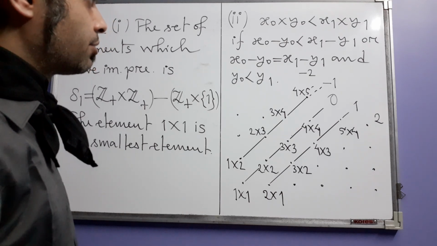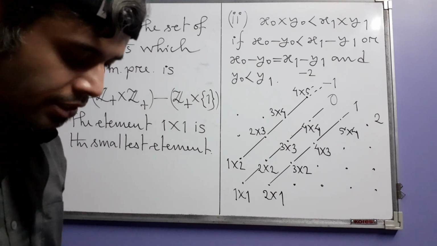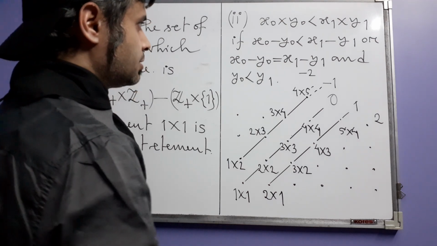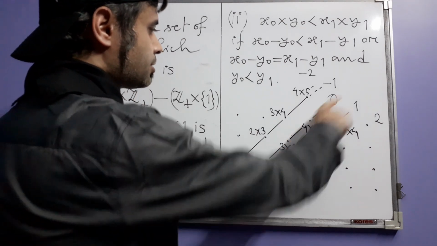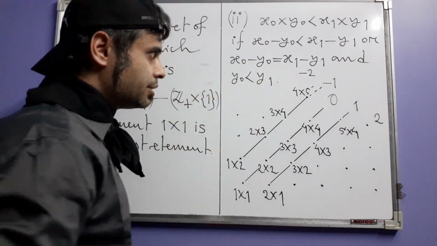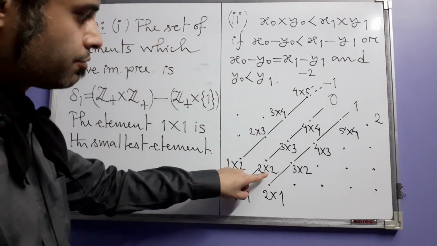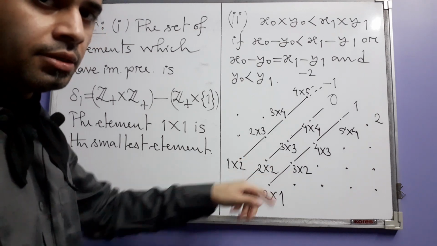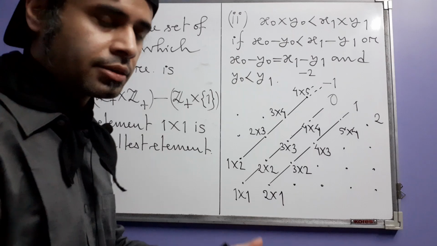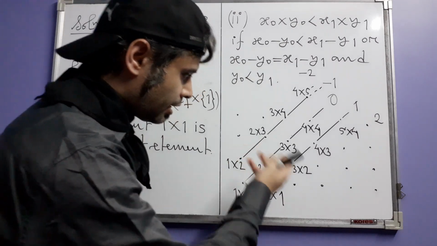Now let's come to the order. The definition of the order says that along each such line, you of course have these quantities the same. For example, for 2 times 2 and 3 times 3, x naught minus y naught, that quantity, is 0 for both.